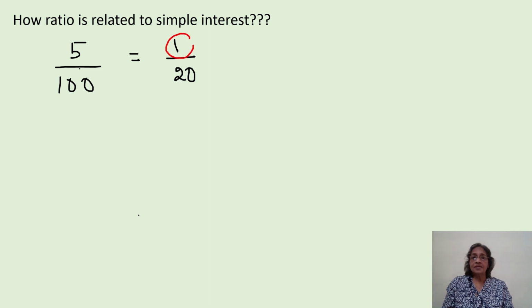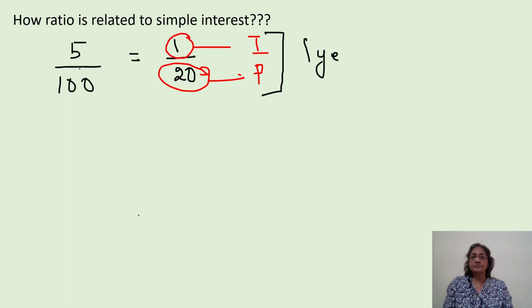The numerator here becomes the interest. The denominator here becomes the principal. Now, mind you, this is all only for 1 year. Why 1 year? Because the rate is always given as a percentage per year.